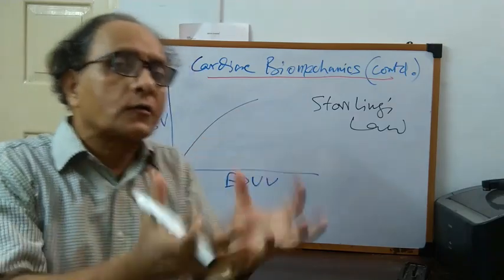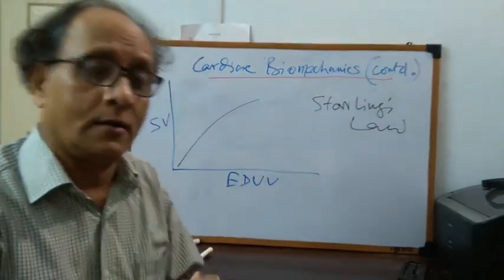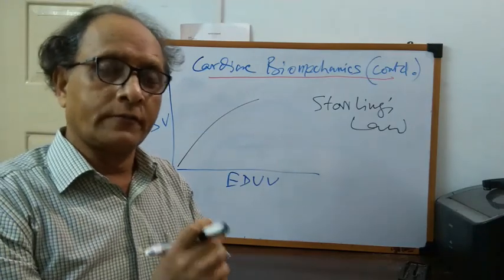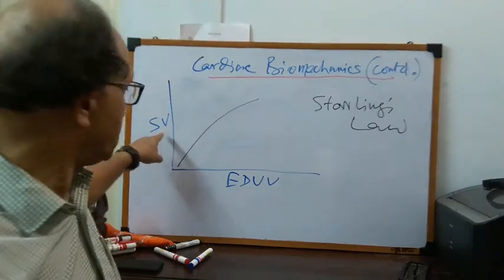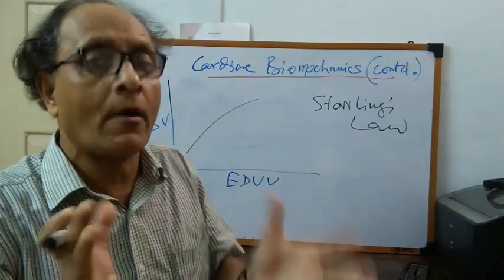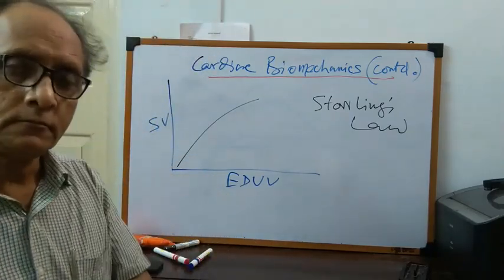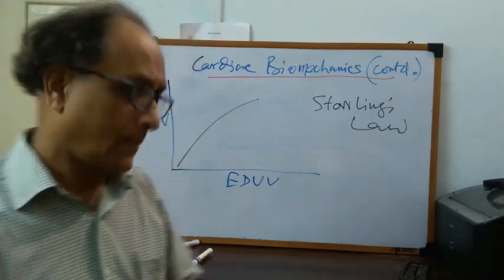So this end diastolic ventricular volume is determining the initial fiber length of the ventricular muscle fiber, which is directly determining the energy of contraction, leading to a particular amount of stroke volume. And this is known as the ventricular systolic function curve.